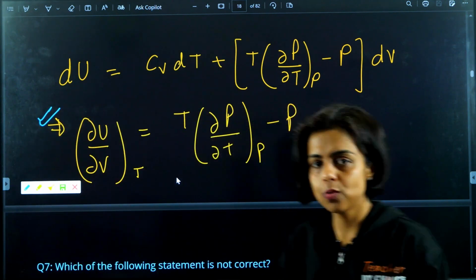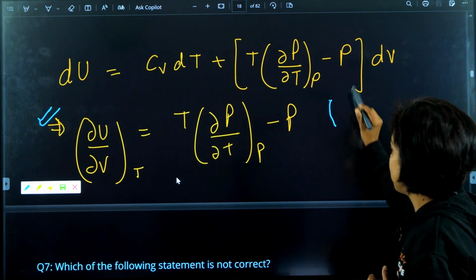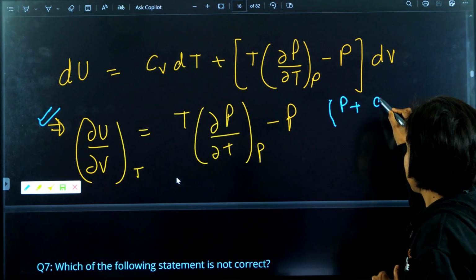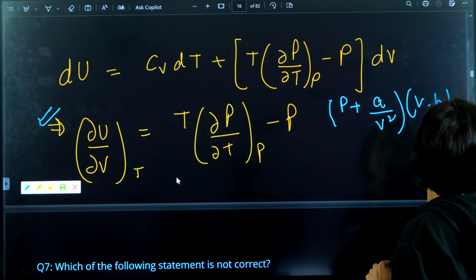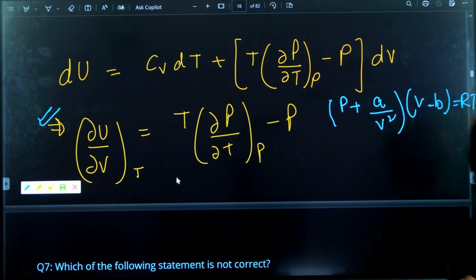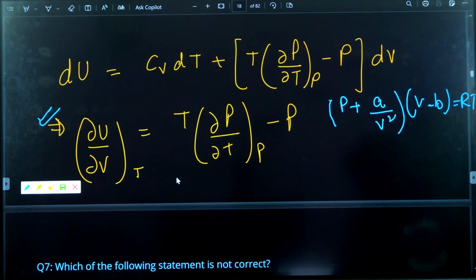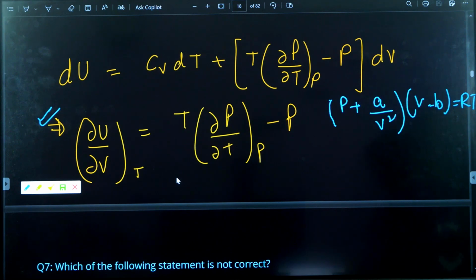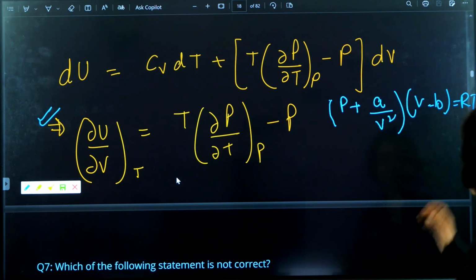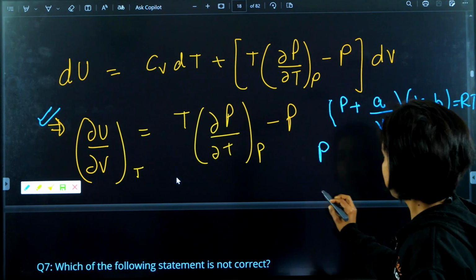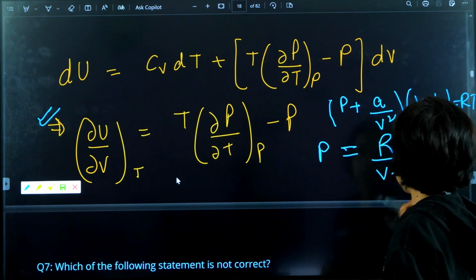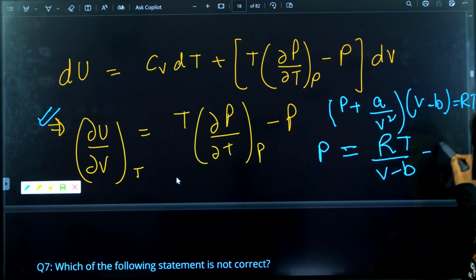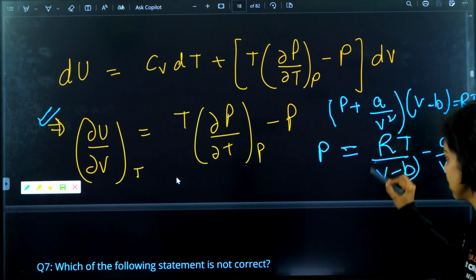Now we know our van der Waals equation for a real gas. This is the van der Waals equation for 1 mole of a real gas, guys. We can just rearrange it, so I will get P is equal to RT over V minus b, minus a by V squared, right?